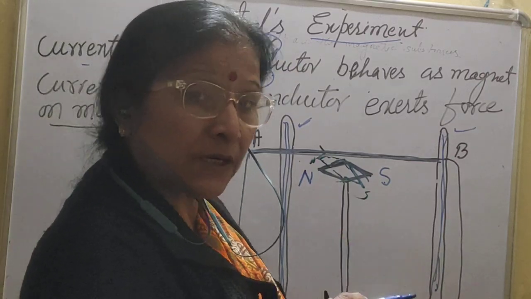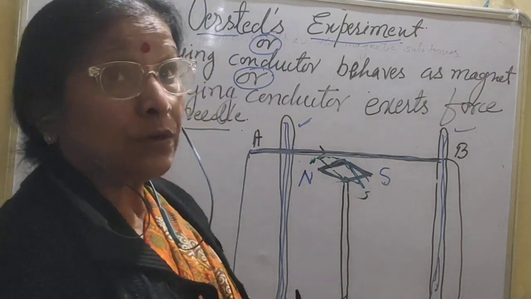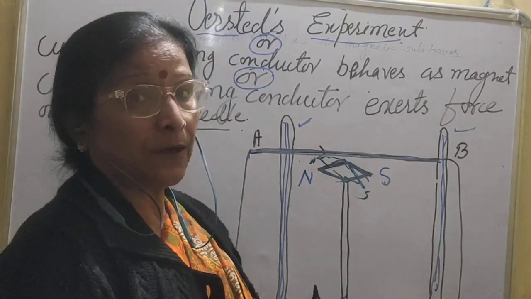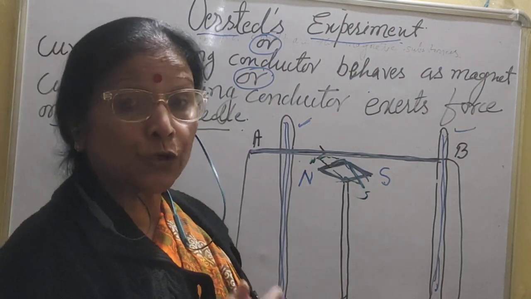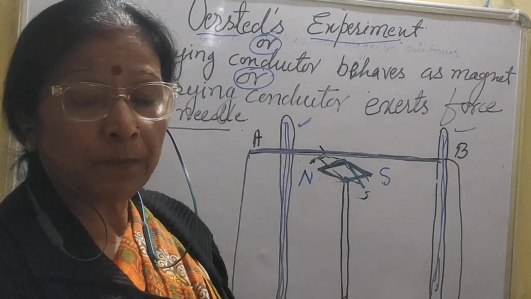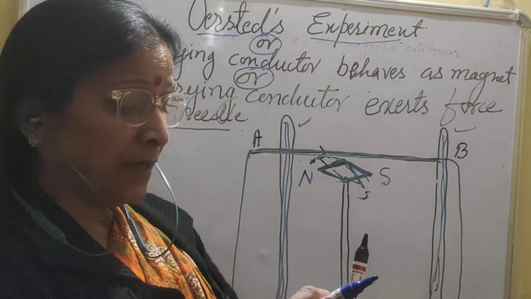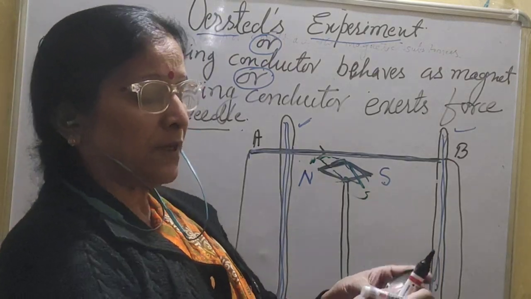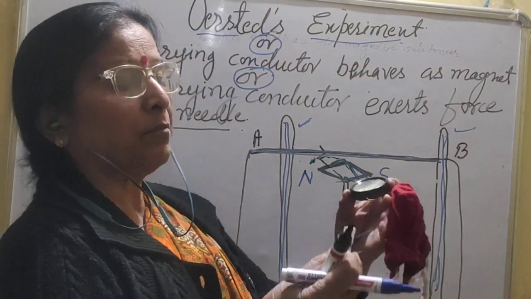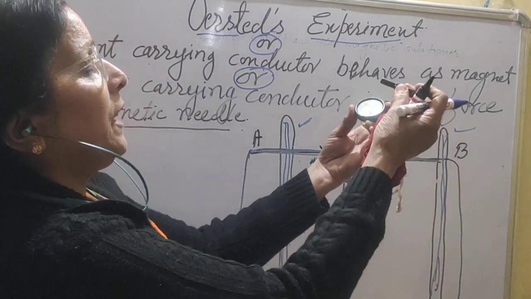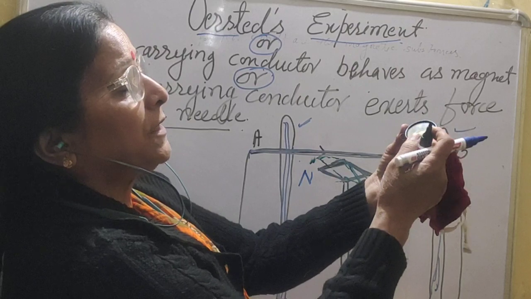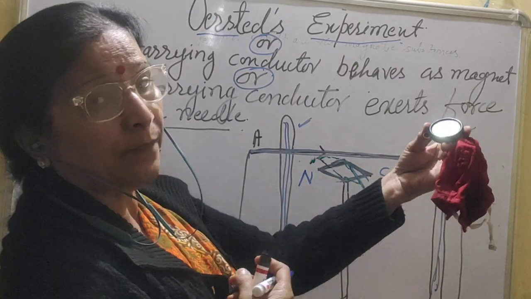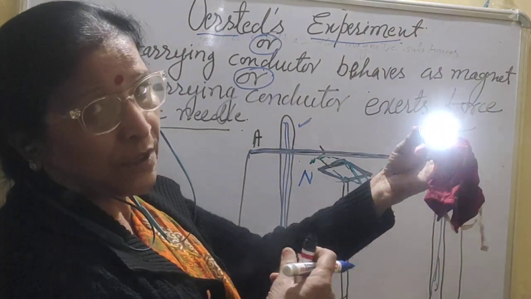A force is exerted on the magnetic needle. Due to that, it changes its direction. And nothing else is there which could change the direction of the magnetic needle. As I am showing you here, this is the magnetic compass, the magnetic needle. When we keep it, its two ends will point towards the north and south direction.